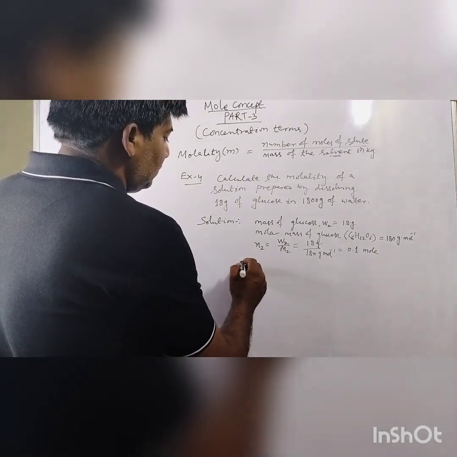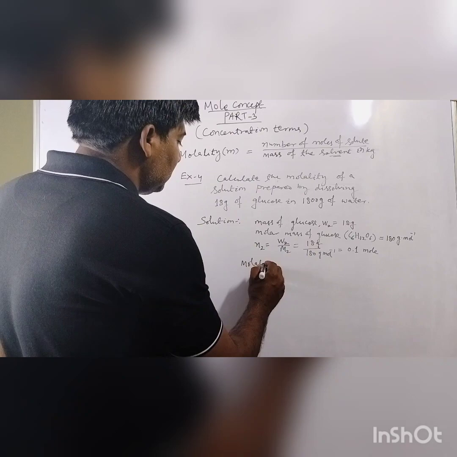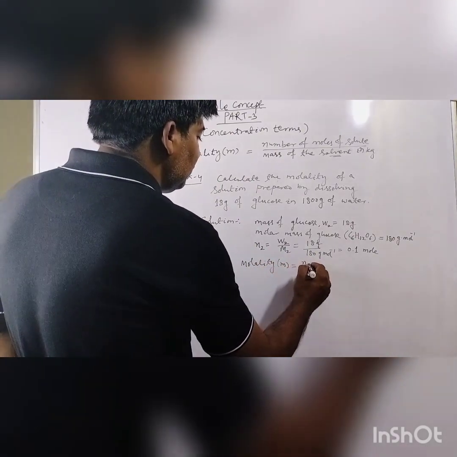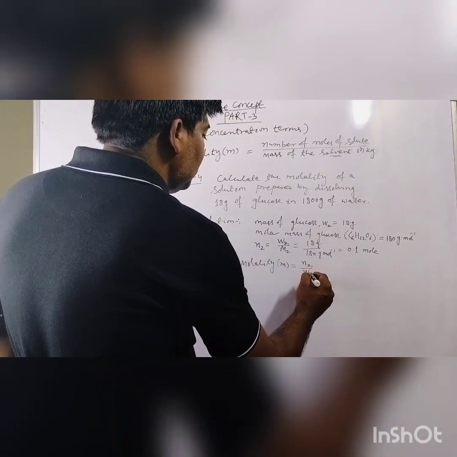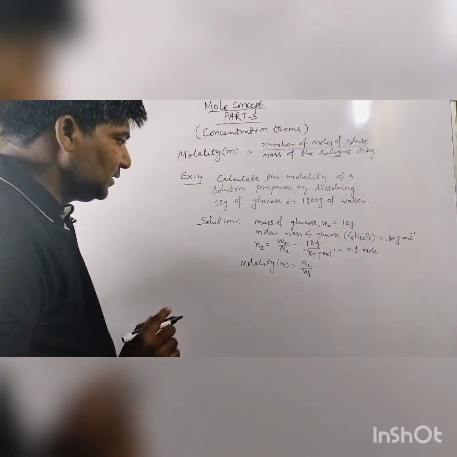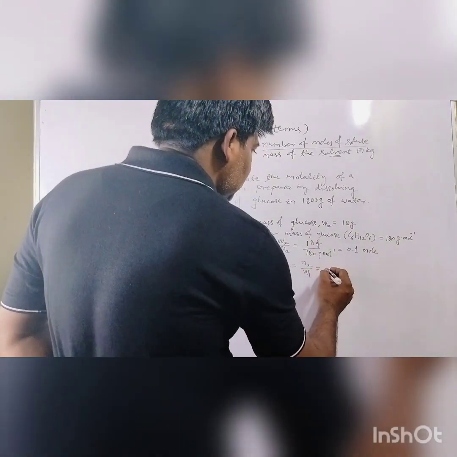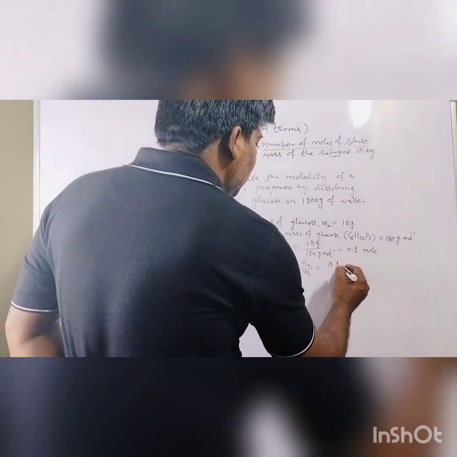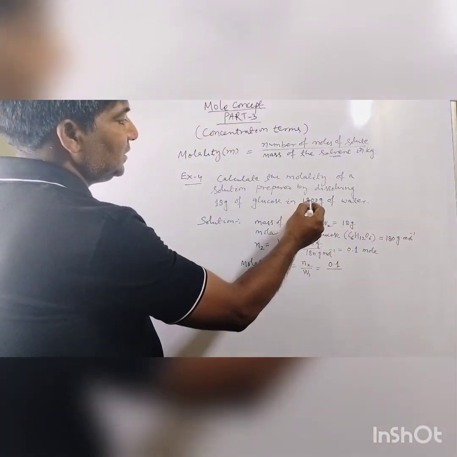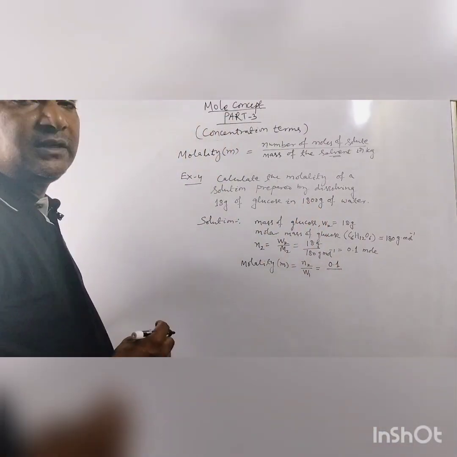So now molality is given by N2 by W1. W1 for mass of solvent in kg, that is 0.1 by mass of solvent. You see, it is 1800 gram.